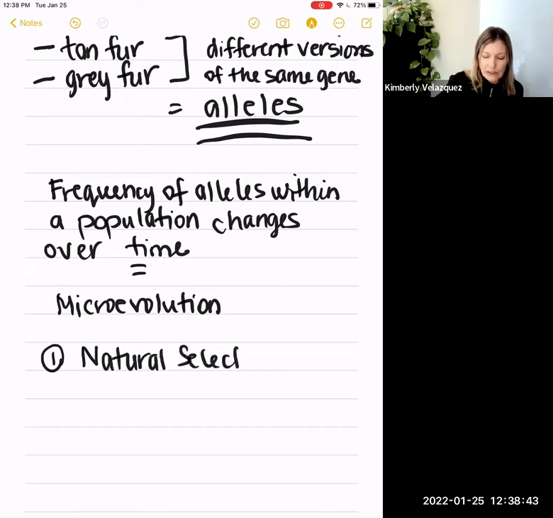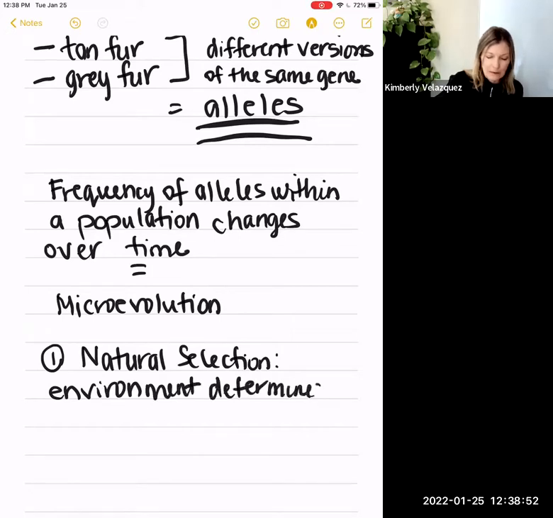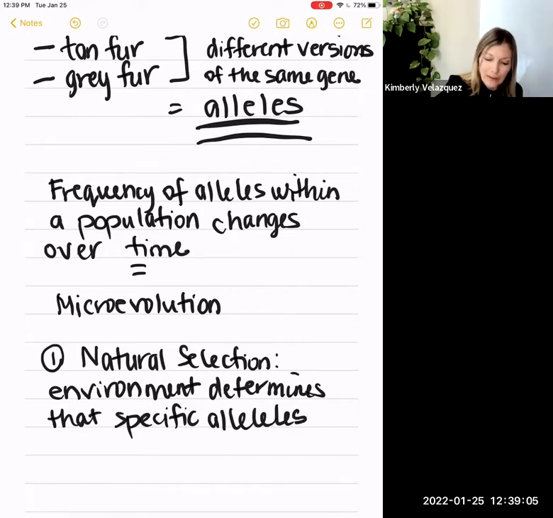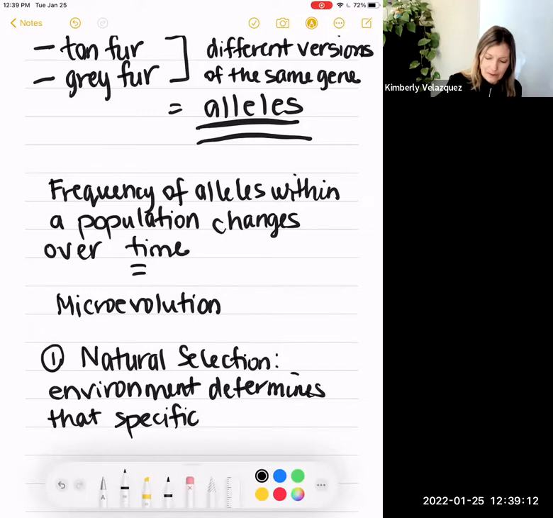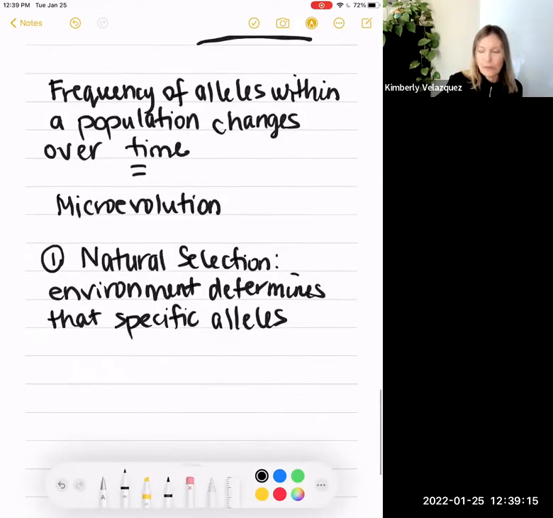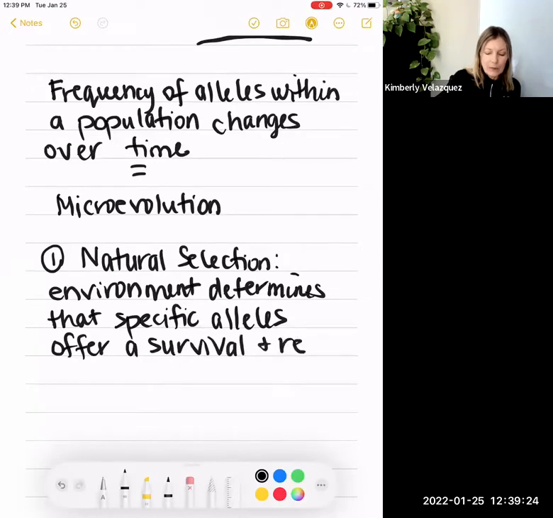Natural selection is when the environment determines that specific traits or specific alleles, in other words, specific versions of a gene, offer a survival advantage, but more importantly, a reproductive advantage.